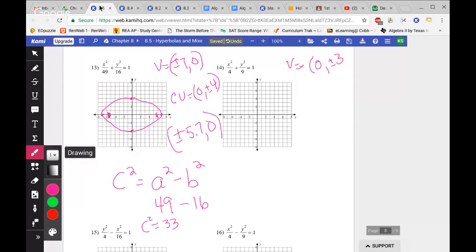Do you understand where I got that? Yes, ma'am. Is anybody questioning that? No, ma'am. Okay. I just want to make sure, if anybody has a question, stop me. Okay, and my co-vertices are going to be plus minus 2, and 0.